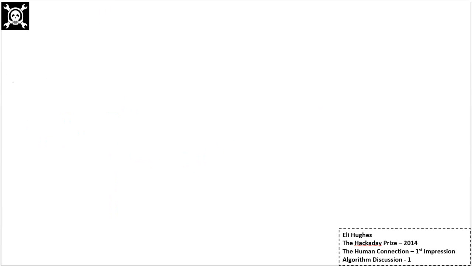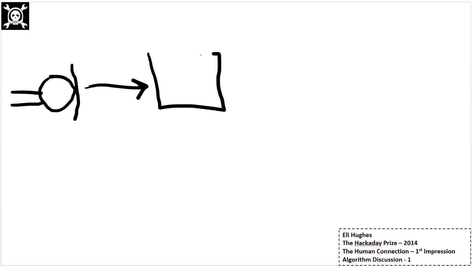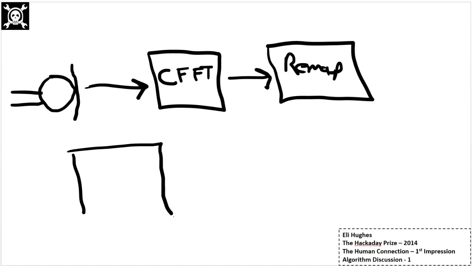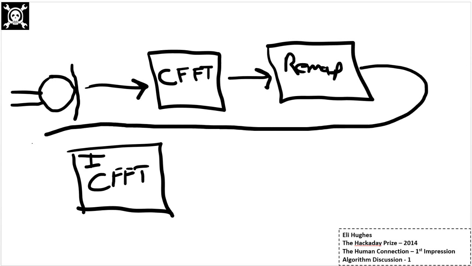And let's say we could take a microphone in. And this could be 2. If we had a complex signal, we do our CFFT, and we do this remap, and let me draw this around here because I'm using a thicker line.